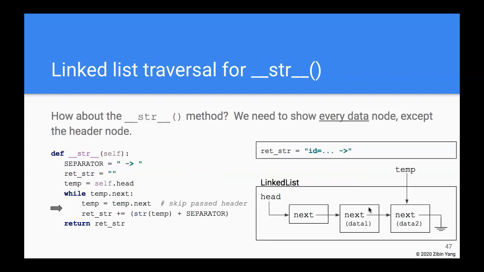Then we'll come in here, we advance the temp pointer, and then the string representation of this node is going to be added to the return string. And we go back to the condition of the loop, temp.next now is pointing to none. We've reached the end of the list. So this is false, and this return string is what's going to be returned from the string method.